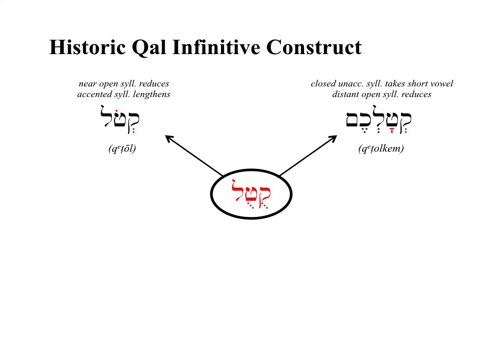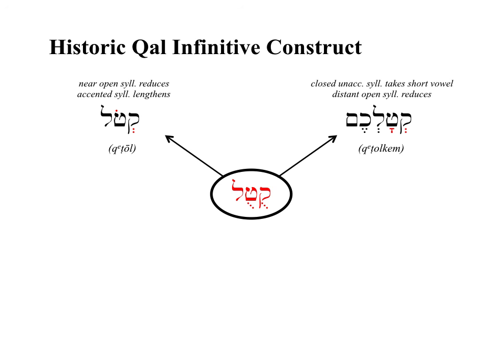However, when a suffix is attached, you may find it in this form, ketol kem. Now, in this particular form, because of the addition of the suffix, the word is longer, and the historic short U that is at the front of this word now finds itself in a distant open syllable.